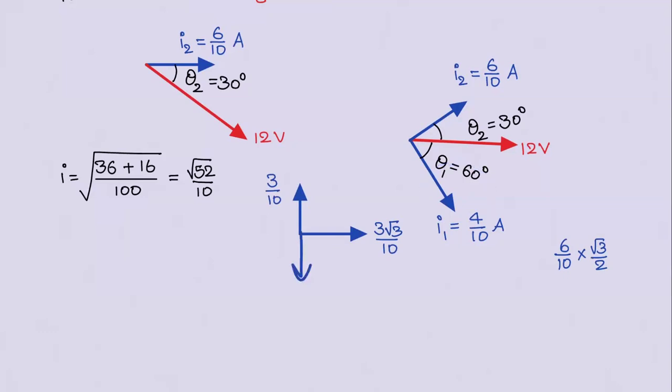Next thing, we take this also, we resolve. Once we resolve, then this will be 4 by 10 sin 60. What is sin 60? Root 3 by 2. Right or wrong? So it will be 2 root 3 by 10.